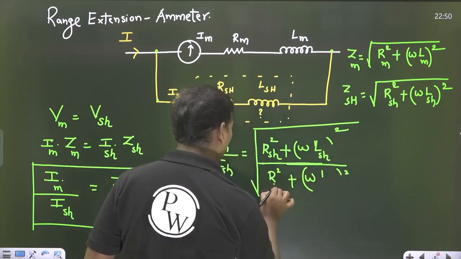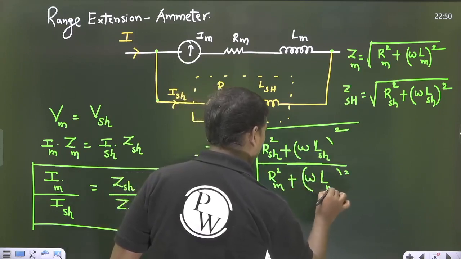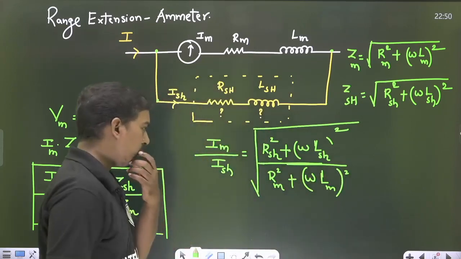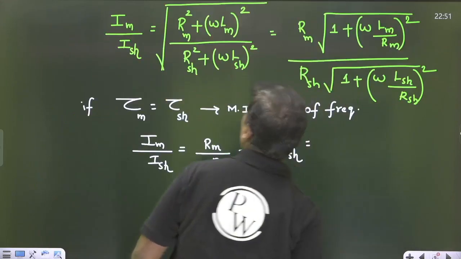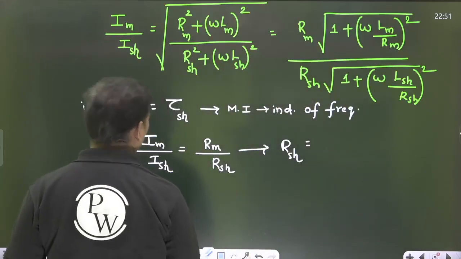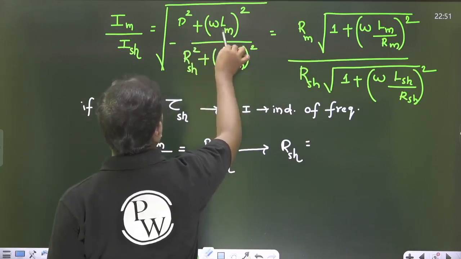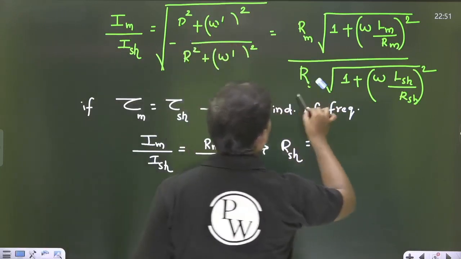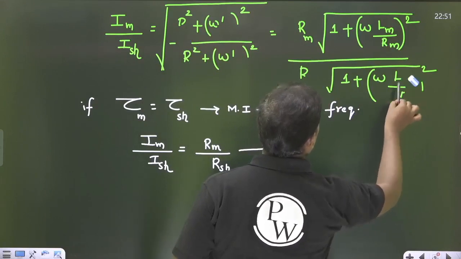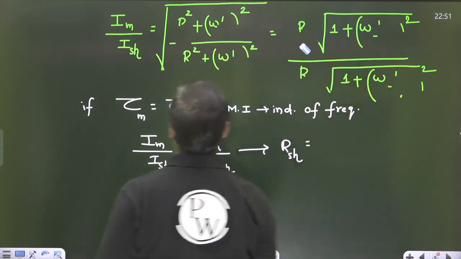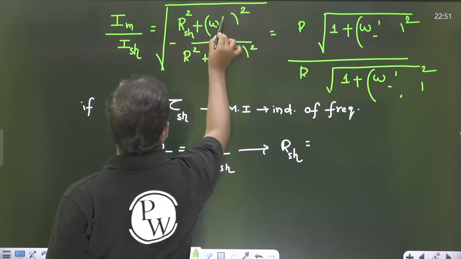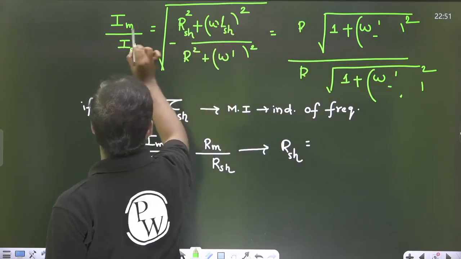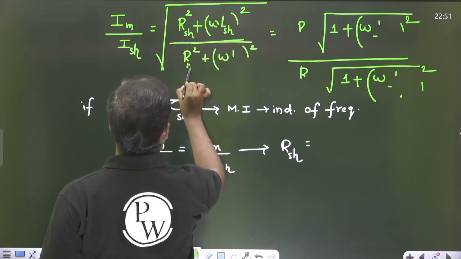Okay, Rm. RSH, omega L. Always remember this: Im means the shunt is opposite.